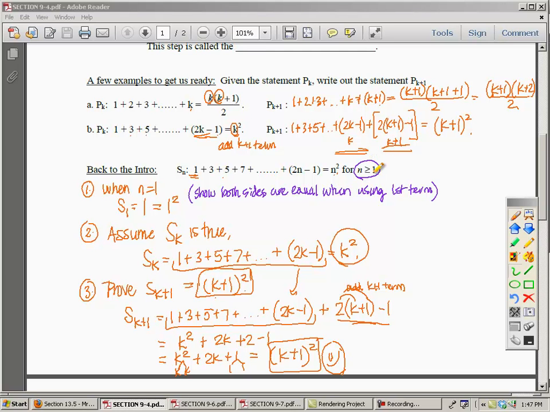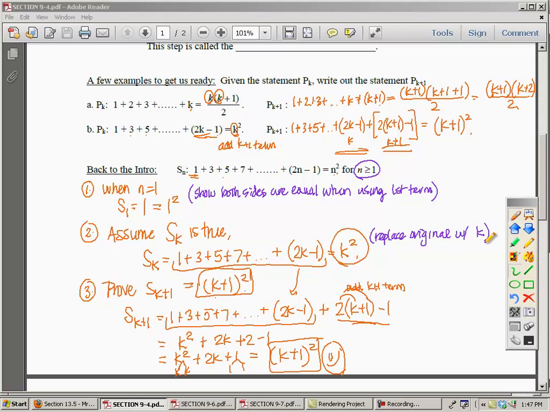Sometimes they'll tell you the first term is 3, which means you start by adding up 3 terms. So just be careful in that. Second thing, we're going to assume S of K is true, and basically replace the original with K's. Third thing, we're going to prove what S of K should be. We got to show that this is what we're going to get.